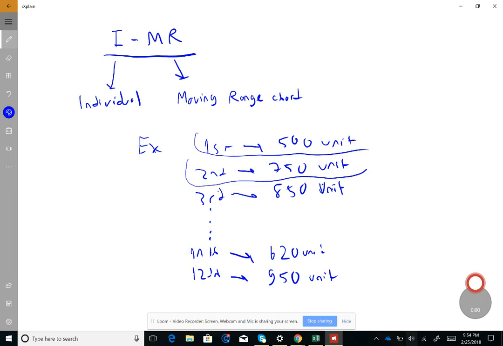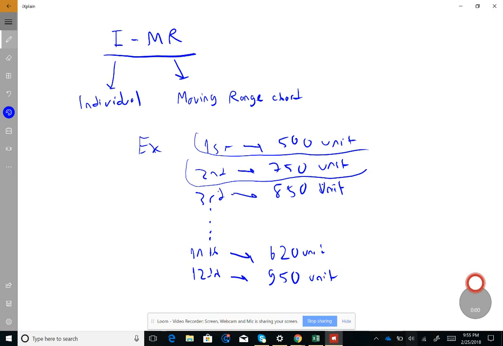So let's summarize what we just talked about. The individual chart, or I chart, is basically a tool to check the stability of a process for the mean level. The moving range chart checks the short term variability of a process.